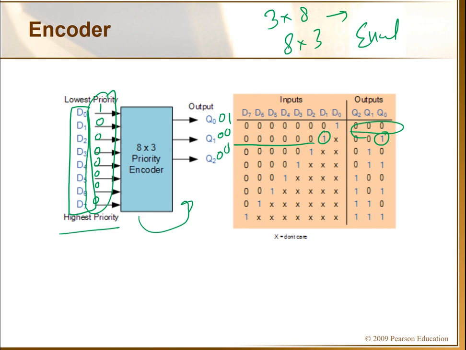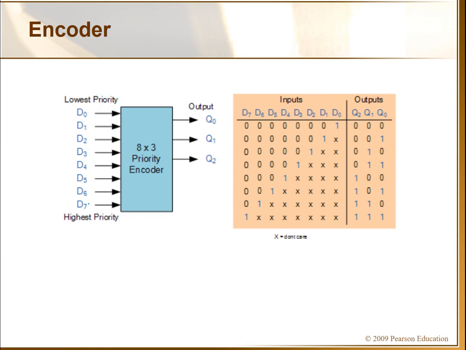One important thing here is that D7 will have the highest priority. For example, if D7 is high at the input side, then whatever other inputs you have, this bit will have the highest priority in terms of the encoder.